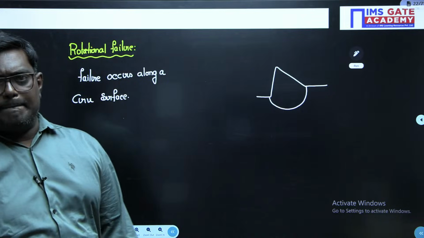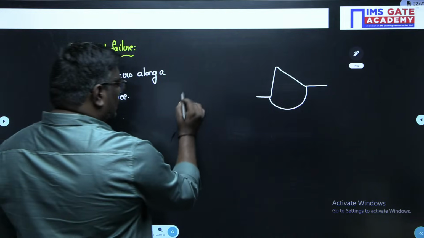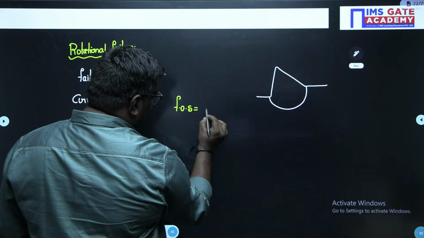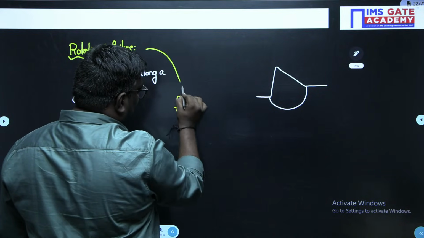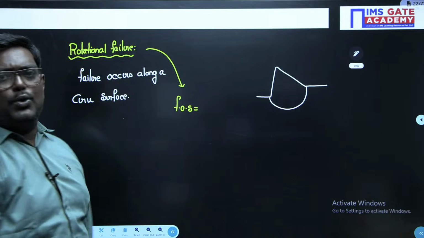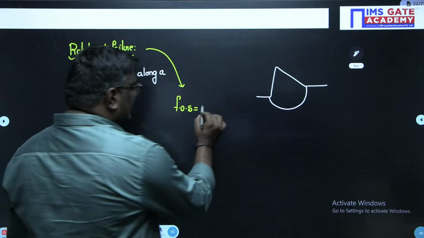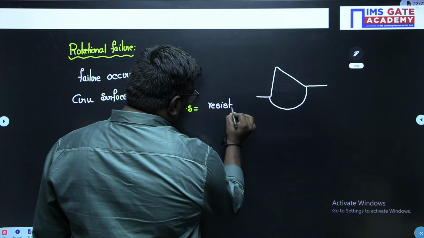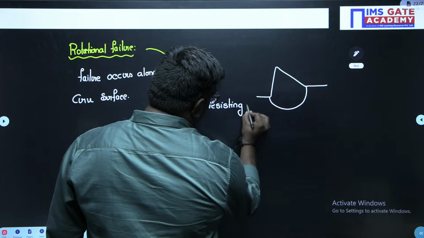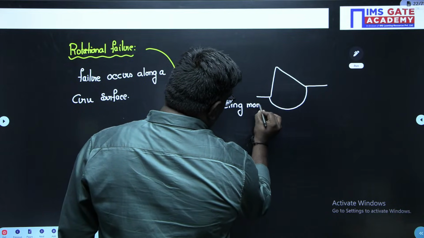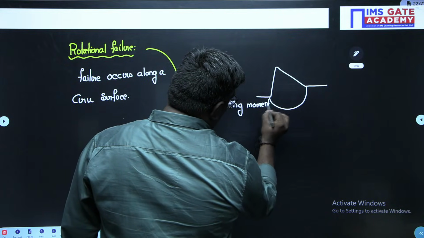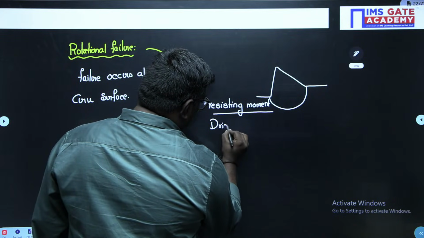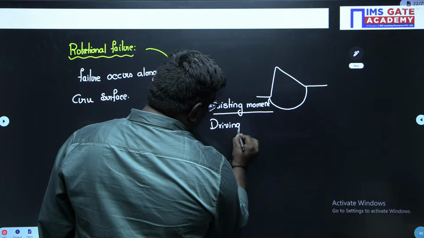Okay. Now, my dear students, if they ask what is the factor of safety for rotational failure, it is given by the formula: factor of safety is equal to resisting moment upon driving moment.